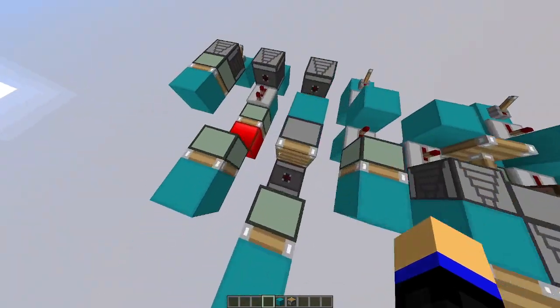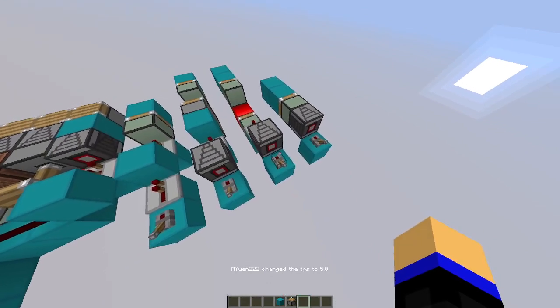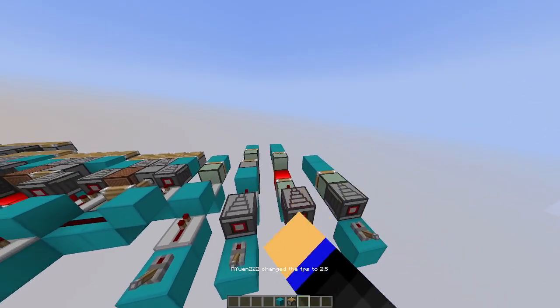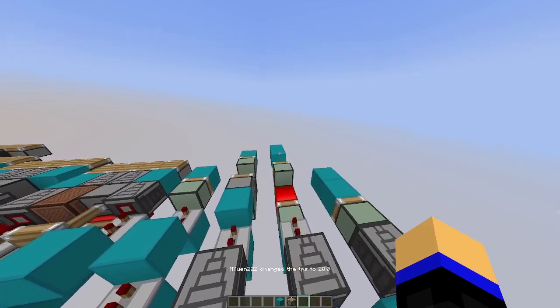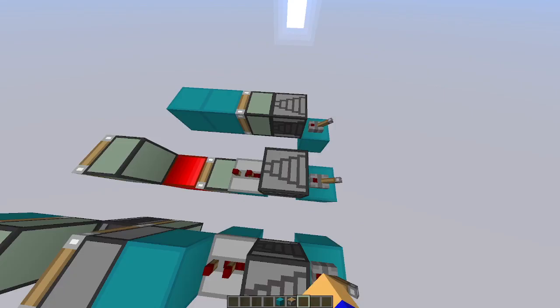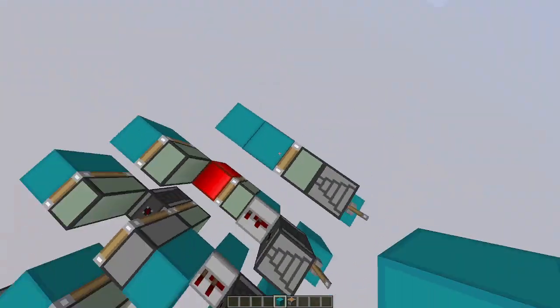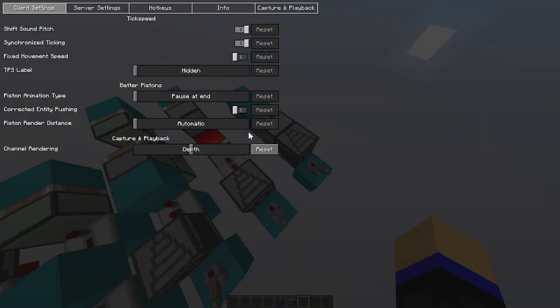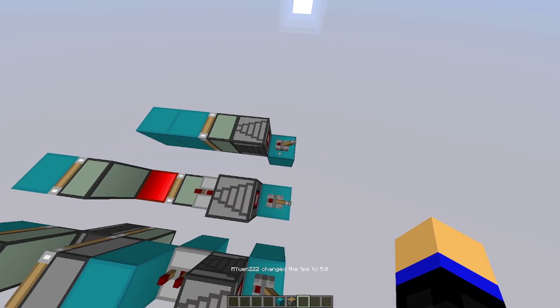So similar to all of the cases here actually. So here you can see again the back block is actually slightly faster than the front block. Now for this case, actually you cannot really see. Now I'm using pulse at end, which is the default in your vanilla settings.